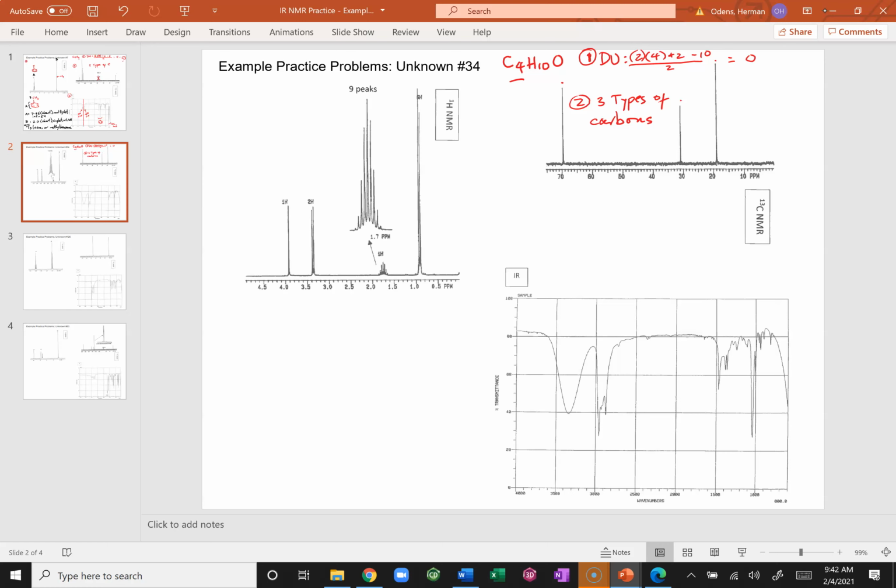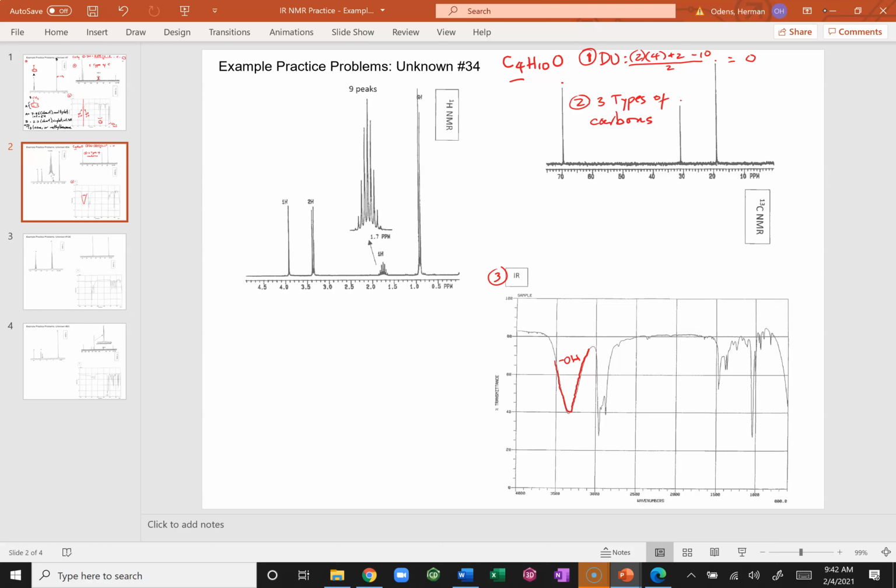All right. The third thing I'm going to solve is my infrared. I see this nice round, soft U-shaped band, and I know that this is an OH group.